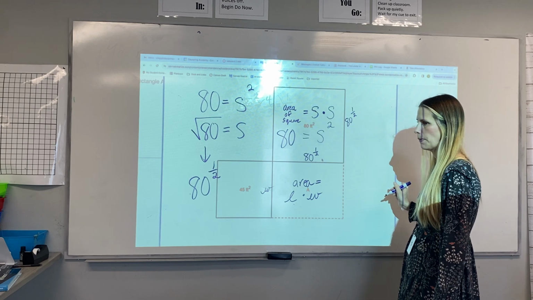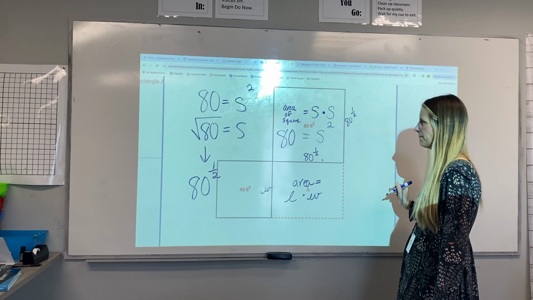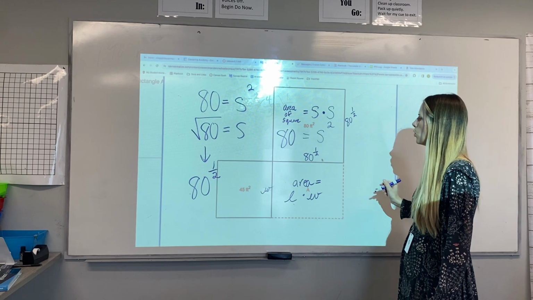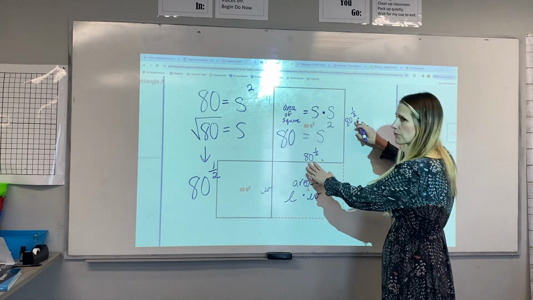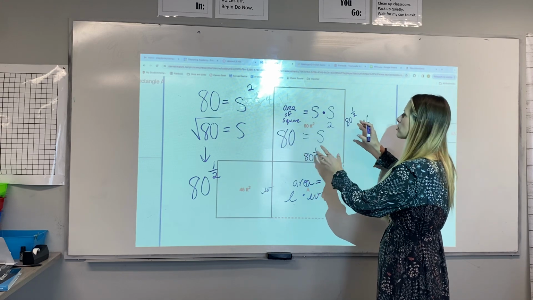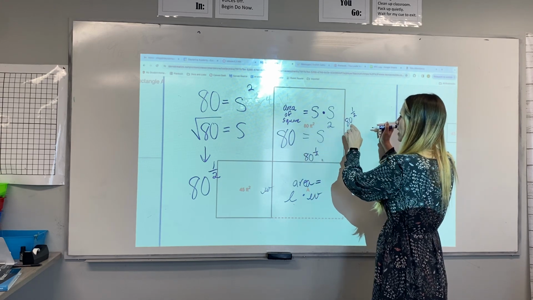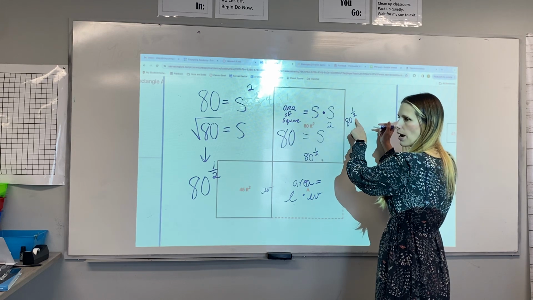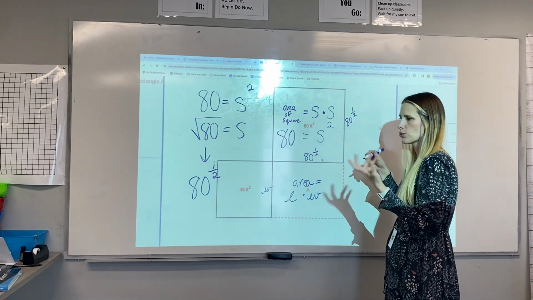No. We're not actually trying to solve for the sides. We're not actually trying to simplify what 80 to the 1/2 power is, because 80 to the 1/2 power is the square root of 80.